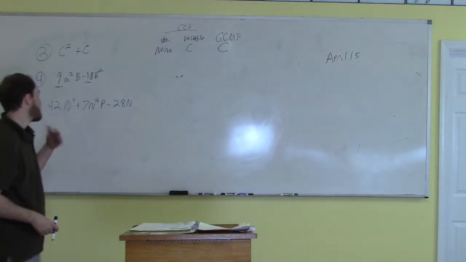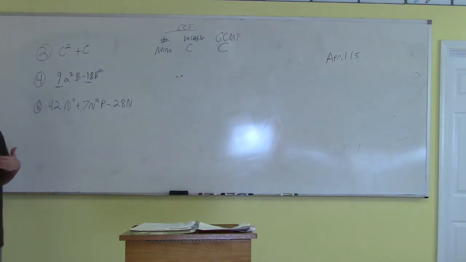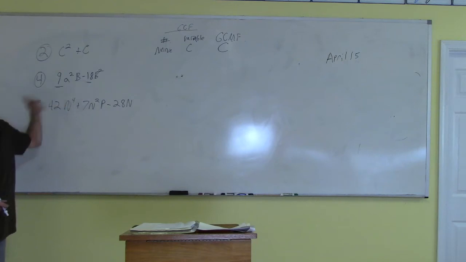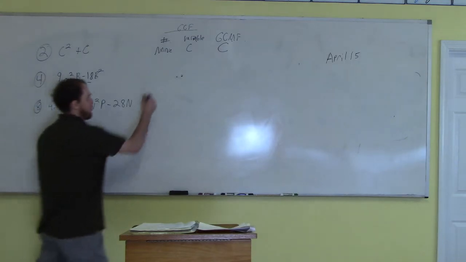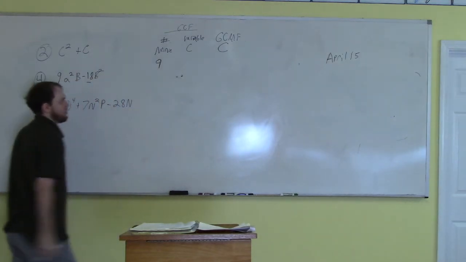So a 9 and an 18, what number goes into both of those? The highest number possible. Well, a 9 goes into each of them, so 9 can go into this one, and 9 can go into that one, and that's the highest one. Notice I can do a 3 goes into both of them, but that's the smaller one. We want to know what the greatest one is. And so the number here would be 9.